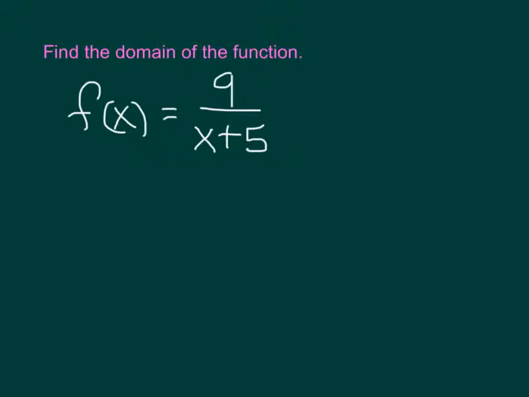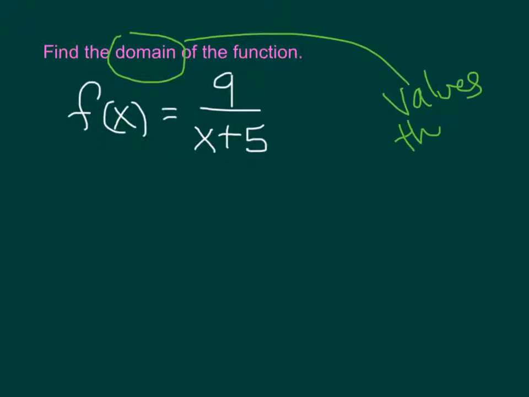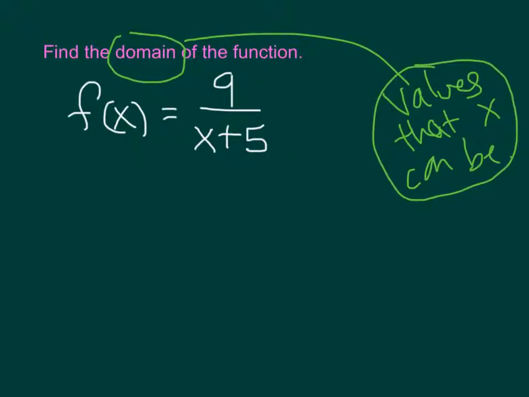And our last example, find the domain of the function f of x equals 9 over x plus 5. Mainly doing the same thing that we've done before. Looking for the domain, and again, that's the values that x can be. So we're trying to avoid anything that's going to make an undefined fraction.